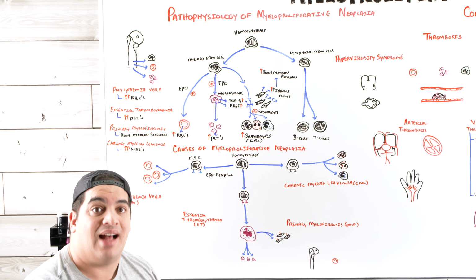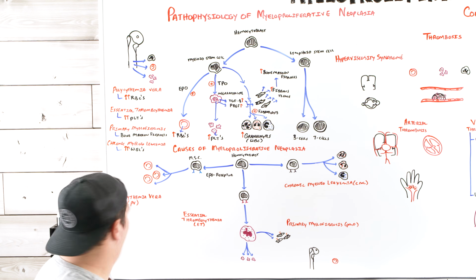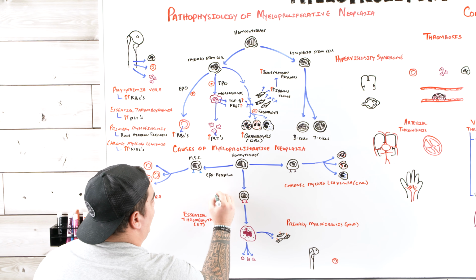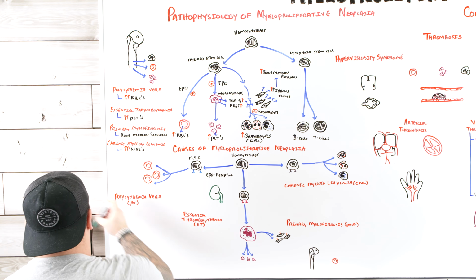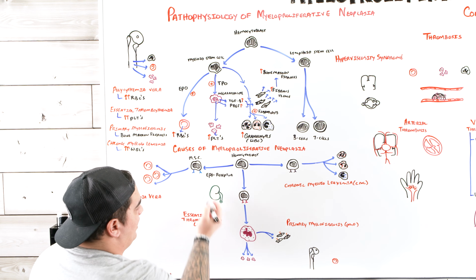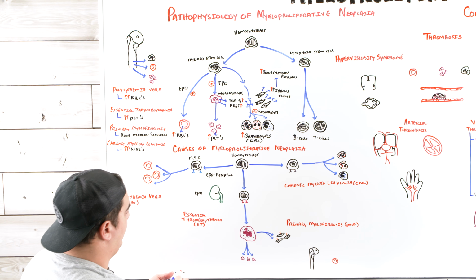So if patients have lots of erythropoietin, what's erythropoietin produced by? I know you guys know this. Come on, tell me. It's produced by the kidney. And whenever this kidney is in a specific state, it produces a hormone called erythropoietin.